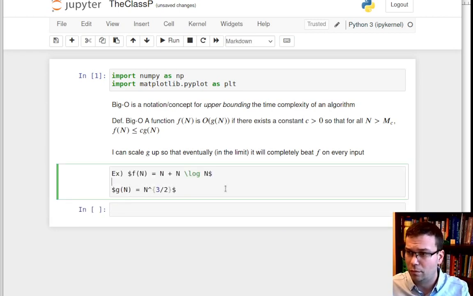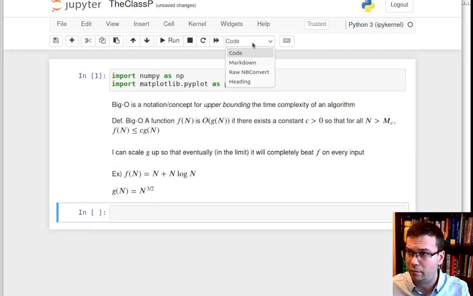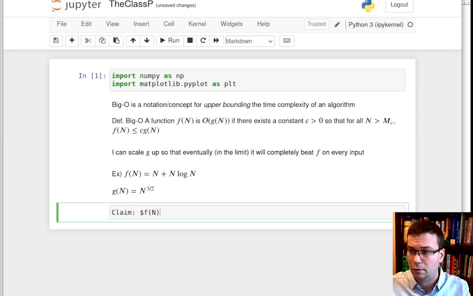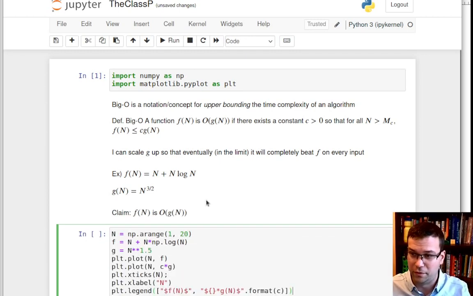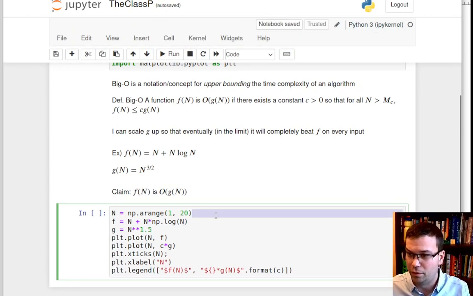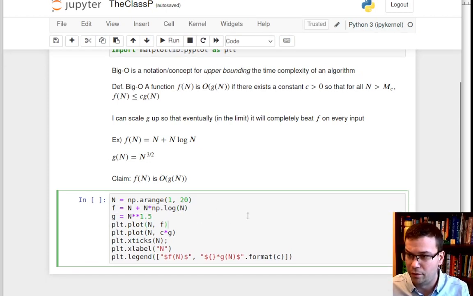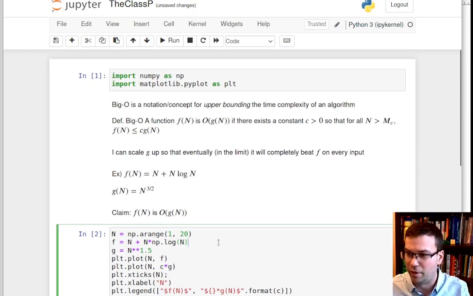It turns out it's actually true that in this case f(n) is big O of g(n). I'm going to show you a visual proof of this for a second. I wrote some code here ahead of time. Here I wrote down f, and then here I wrote down g. Oops, I need to define my constant c.